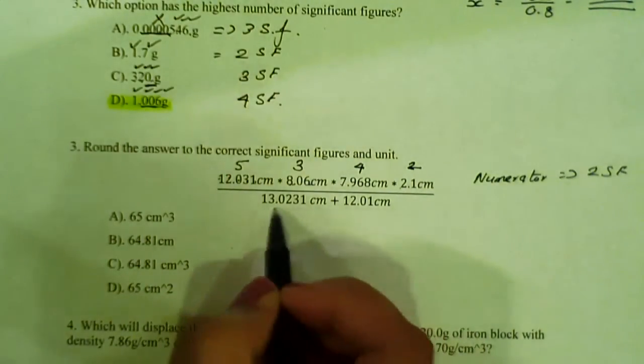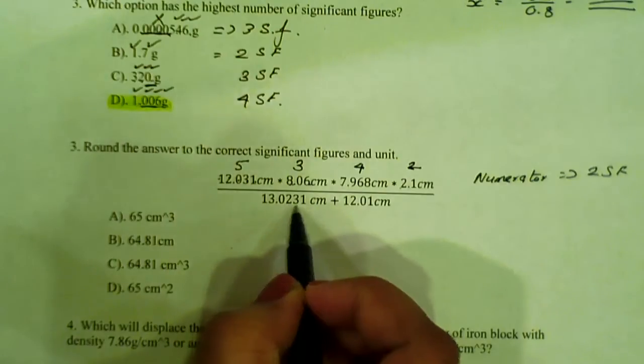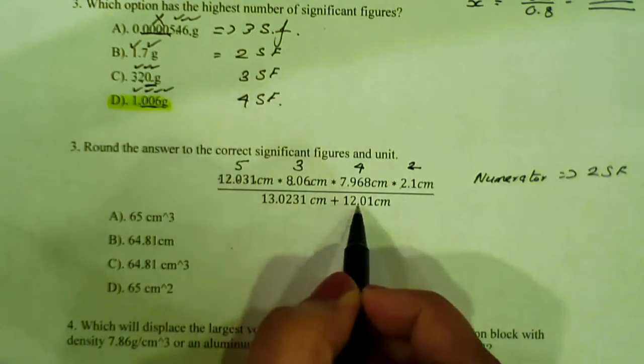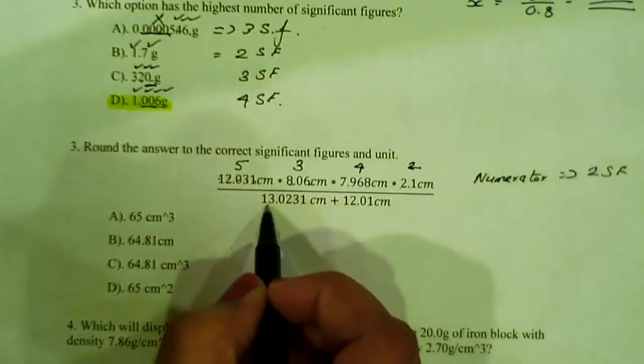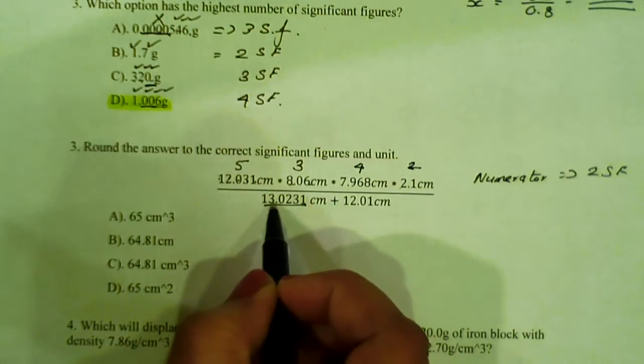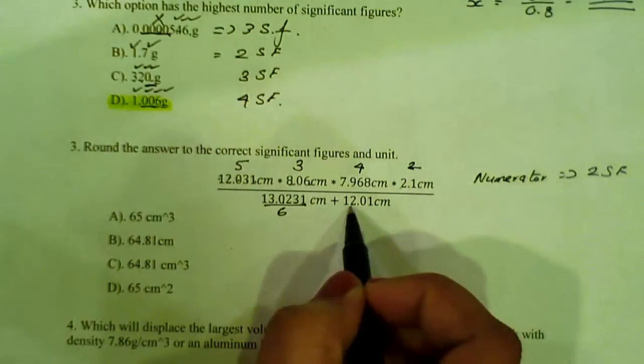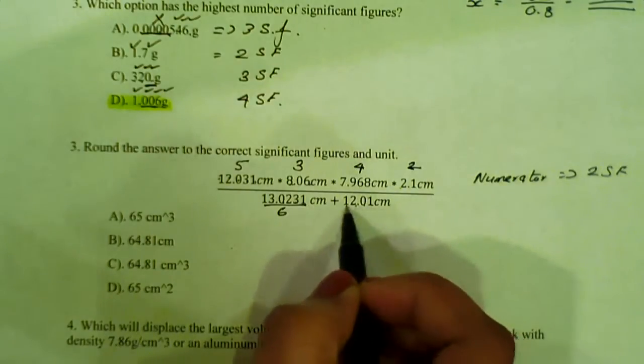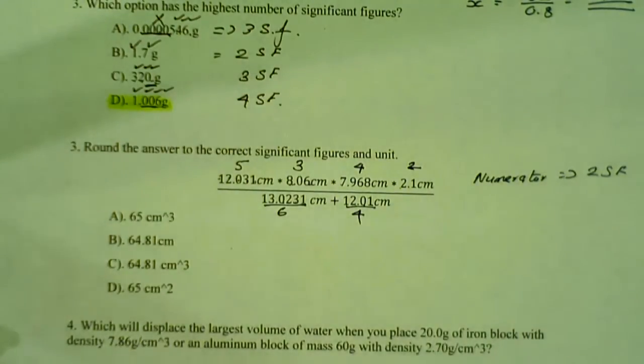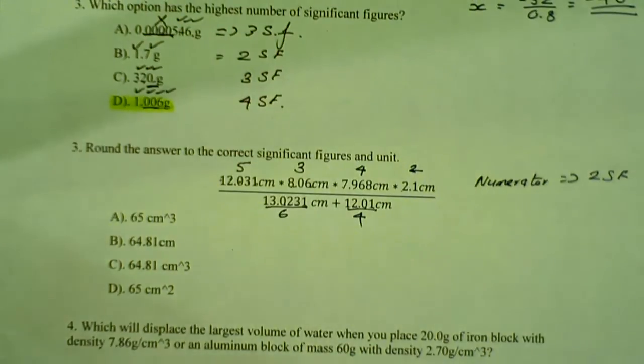And the denominator is 13.0231 plus 12.01 centimeter. This number has 1, 2, 3, 4, 5, 6 significant figures, and this one has 1, 2, 3, 4 significant figures. But this is an addition problem. When you do addition or subtraction, you have to round your answer to the least number of decimal places.